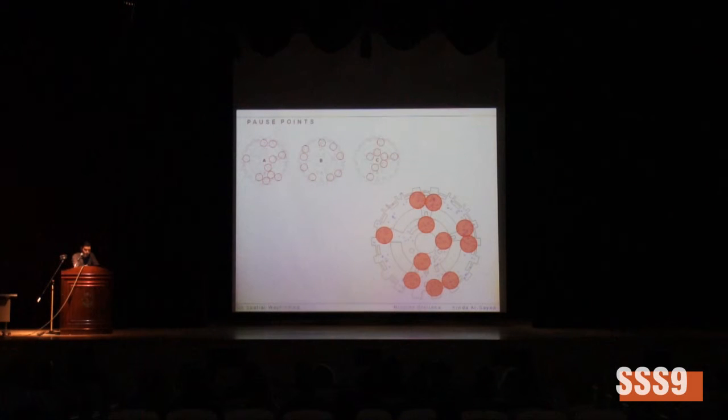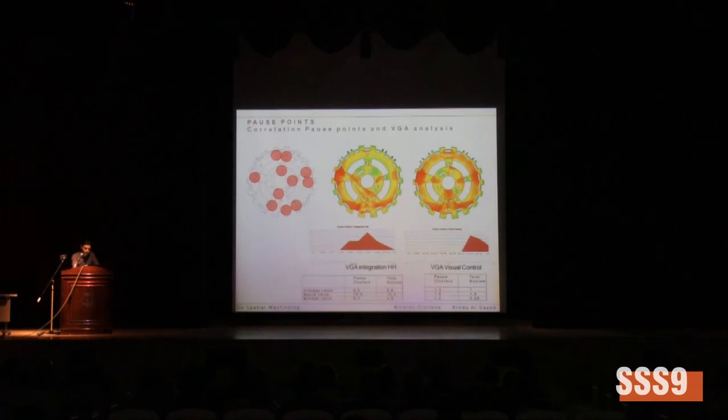Then I started looking at where people stop or pause to make a new decision about the movement. So I found 11 clusters where people pause for at least 5 seconds during the navigation. I found those clusters where, in a radius of 10 meters, there are at least 10 pause points. So I started looking at how those pause points are related to the spatial configuration.